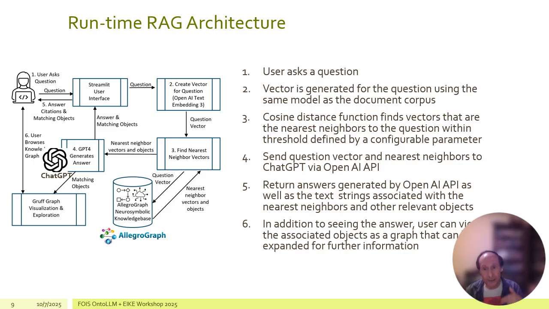But if it does work, if we do find one or more documents in the corpus that are within the threshold of semantic closeness between the question and the corpus vectors, then we send the question vector, the string, and then the nearest neighbors that were within that threshold and those strings as well, all to ChatGPT.